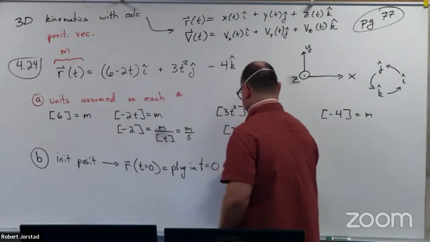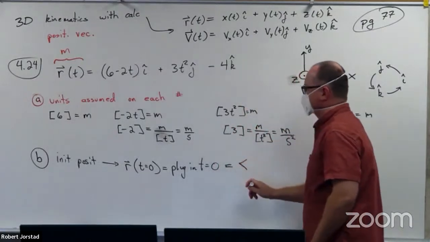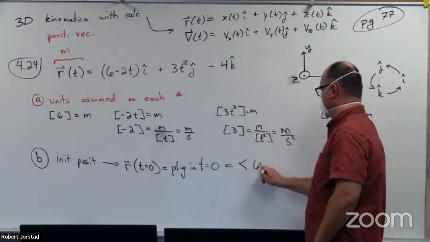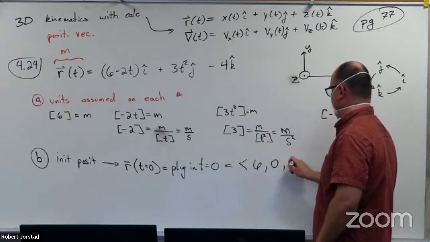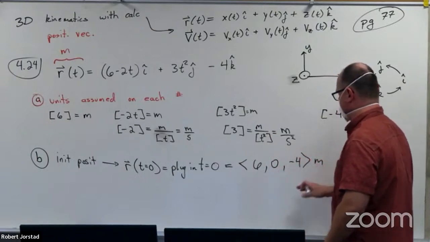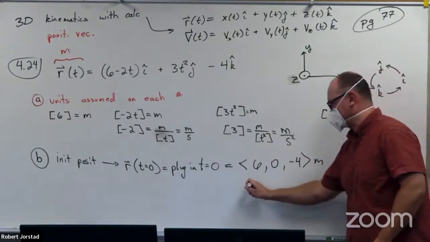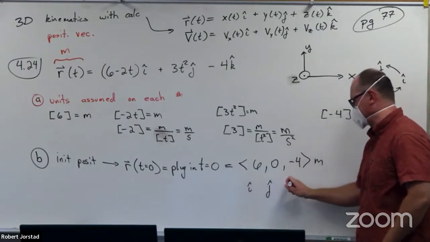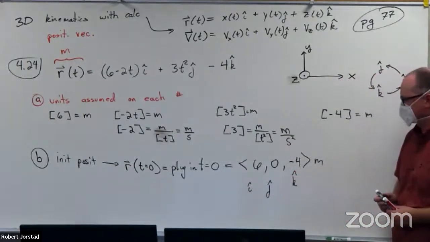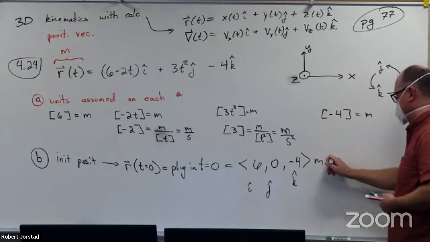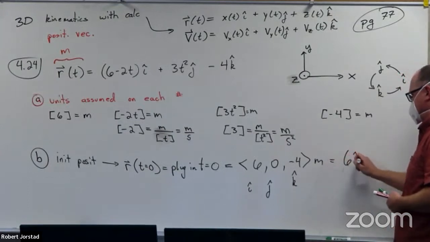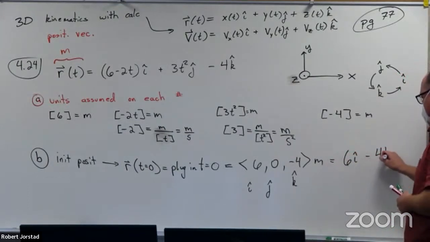I think we get 6, 0, -4 meters. And I'm using this notation where this term is the I hat, this term is the J hat, and this term is the K hat. You could write it in this way. 6 in the I hat, -4 in the K hat.